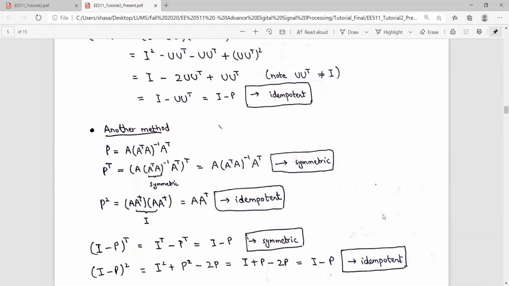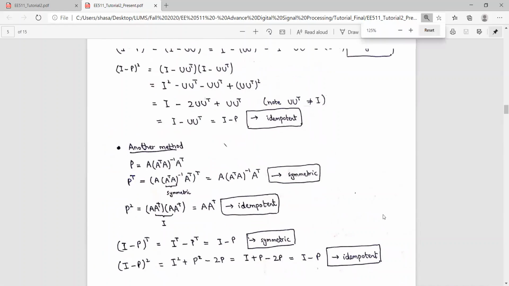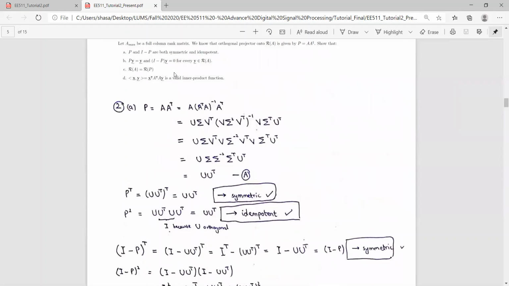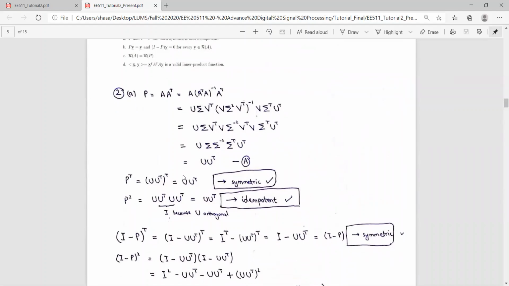So this appears simpler and it is equally correct. It's just another method, so use whatever you feel is simpler. And what we may see later is that, for example, in part A, where we have to prove the symmetry and idempotence of the matrices P and I minus P, the second method appears quite simple.